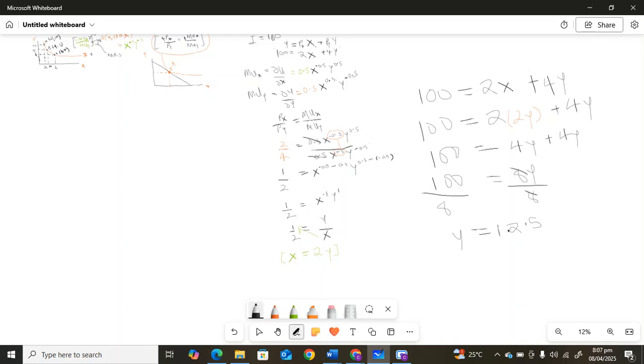Since y equals 12.5, we can now get the value of x.